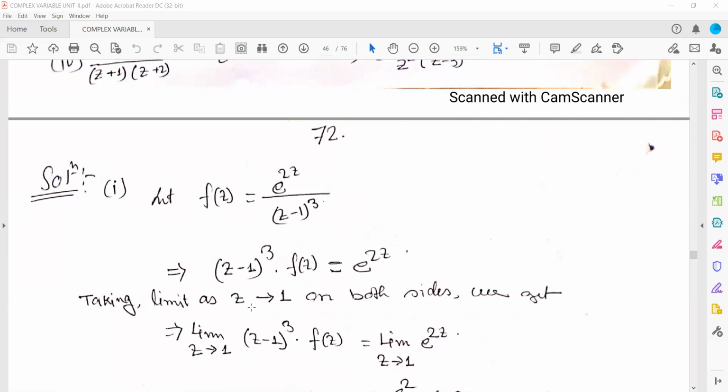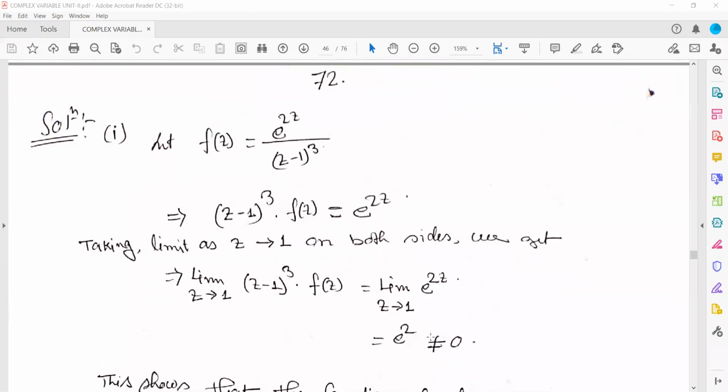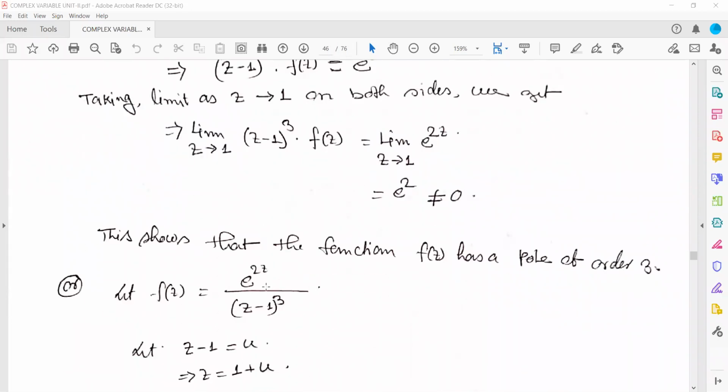Now take the limit on both sides, z = 1. You'll get the limit e², and obviously it will never be 0. So that means z = 1 is a pole of order 3.